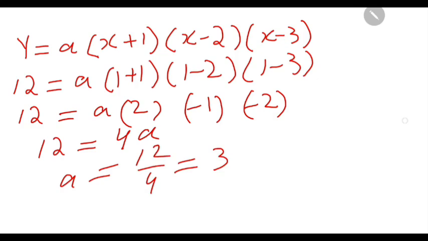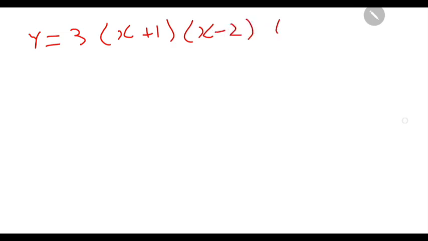So we got a now. So substitute the value a = 3 back into the factored equation, and then we're gonna expand. So y is equal to 3 times (x + 1) times (x - 2) times (x - 3). So I'm gonna expand now. This is easy now.